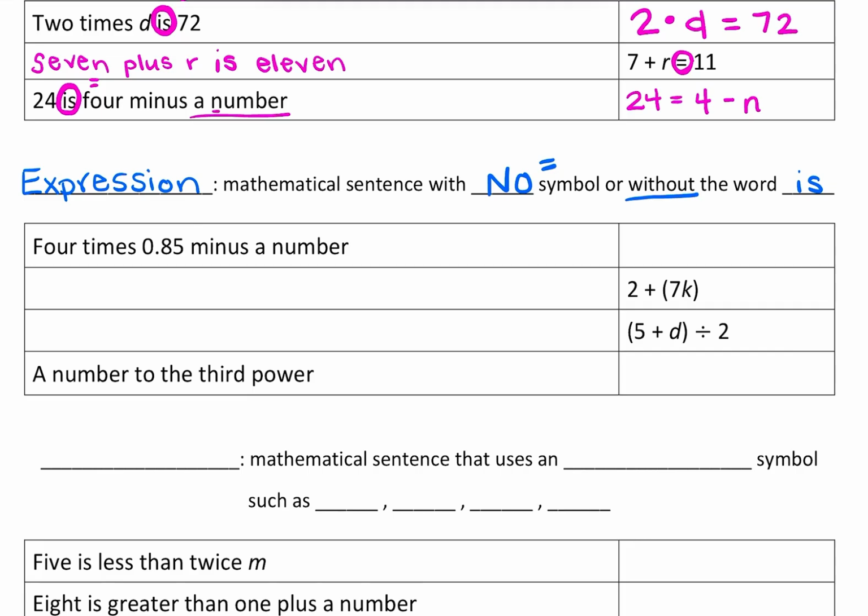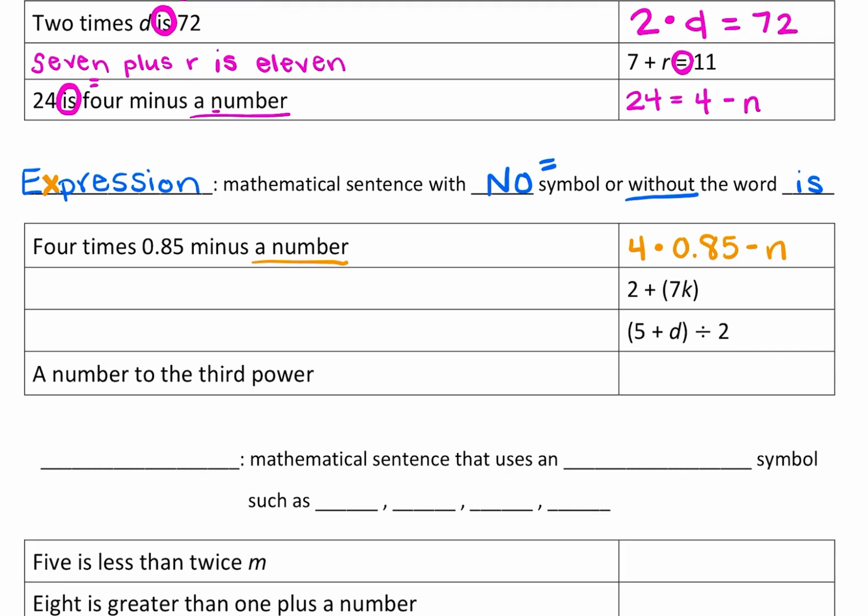So 4 times 0.85 minus a number. Again, we don't know what the number is, so we're just going to put in a letter. But notice it does not say what this equals. It just says 4 times 0.85 minus a number. That's it. We don't know what that equals. So that is an expression. I like to think of the expression as having an X as no. So no equal, it has no symbols.